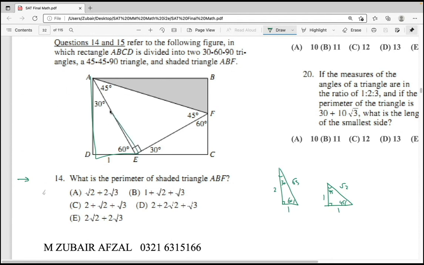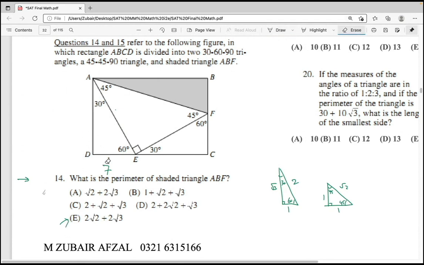ADE, this first section, is 30, 60, 90. And luckily, this is 1. If this had been 7, this would have been 14. Sorry, this was 2 and this is square root 2, and I got that for A. Yeah, that's correct.